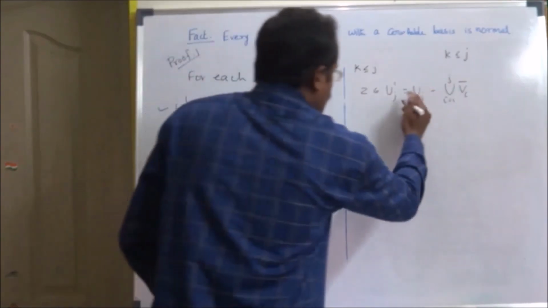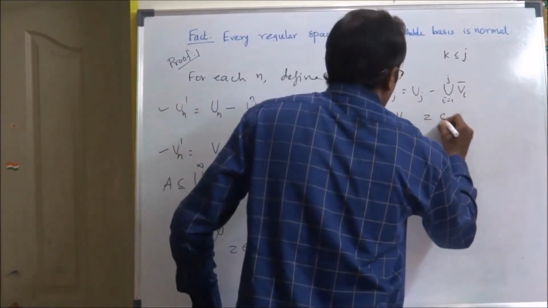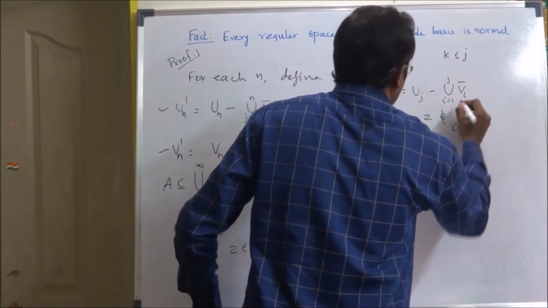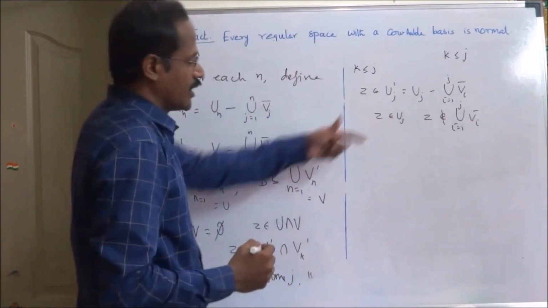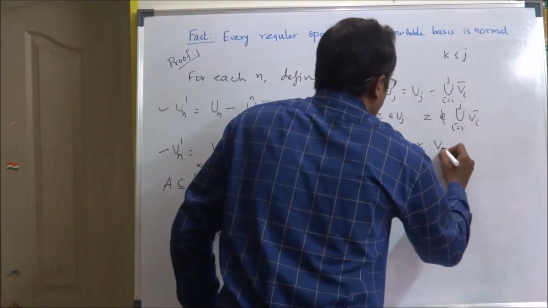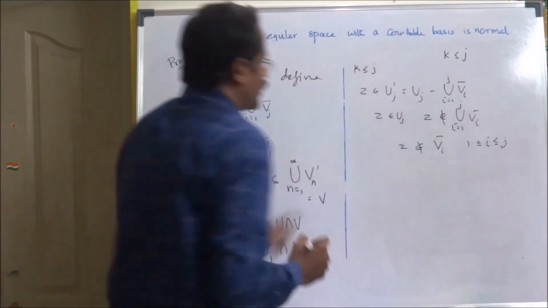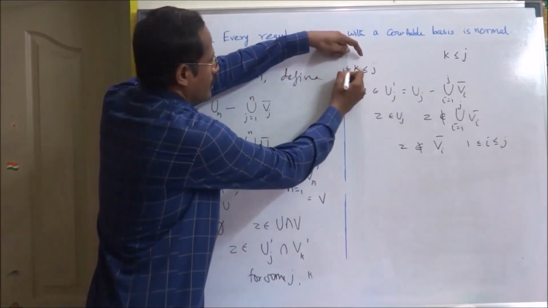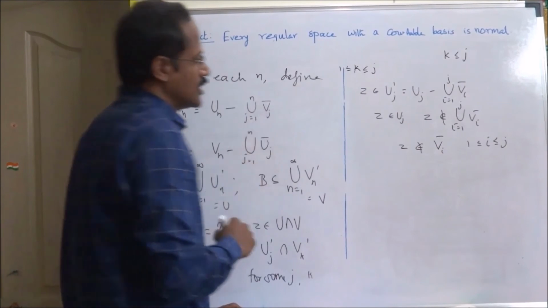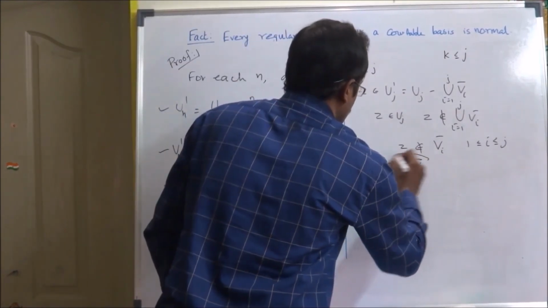So Z is in Uj but Z is not in this union of Vi closure, i equal to 1 to j. Similarly, Z is not in Vi closure for every i between 1 and j, and therefore in particular for k. K is an index between 1 and j. Therefore, Z is not in Vk closure.